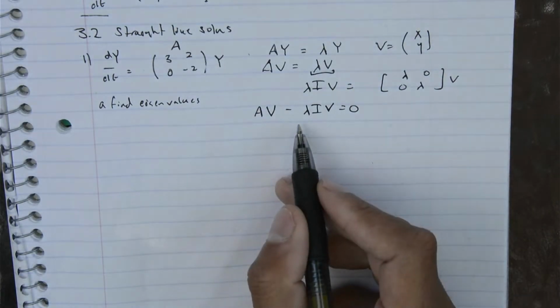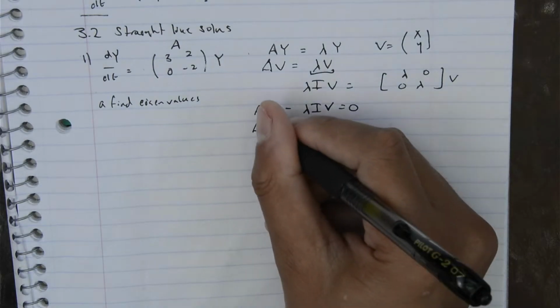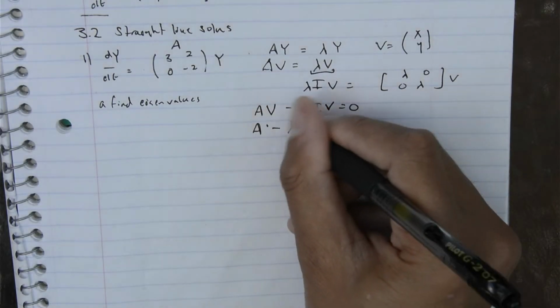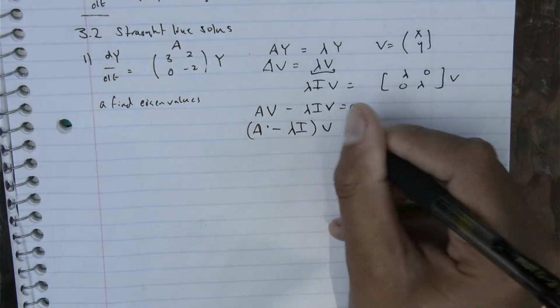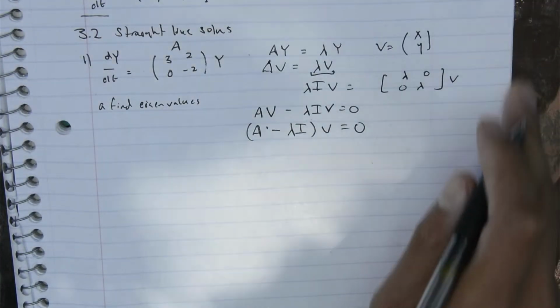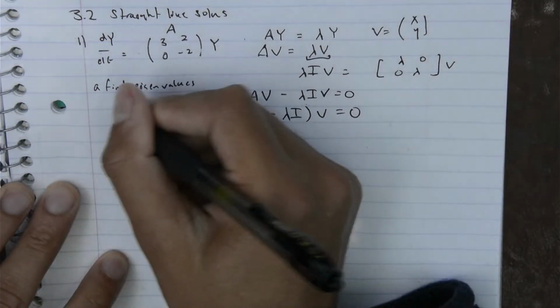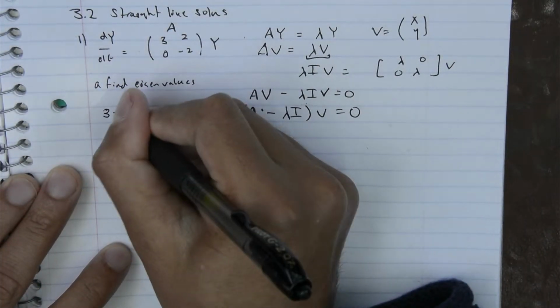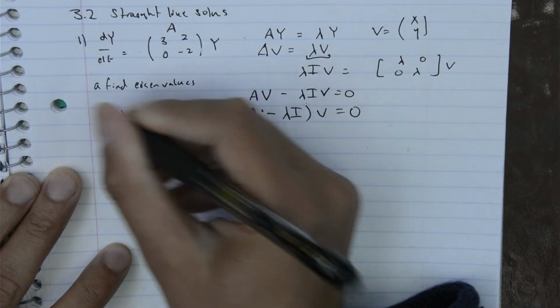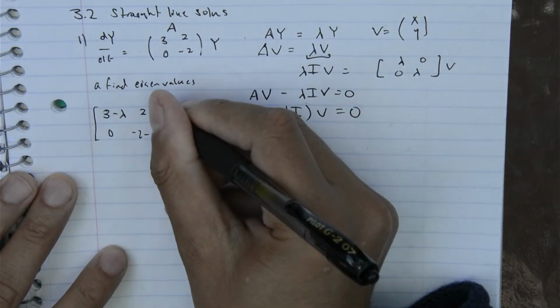But since these are both matrices, we can write A minus lambda I times V is equal to 0. Okay? So then we can turn this into 3 minus lambda, 2, 0, minus 2 minus lambda.